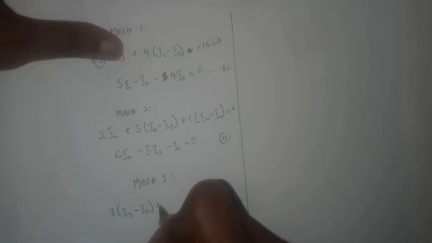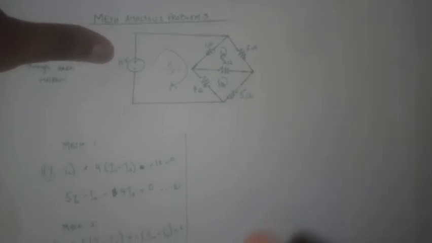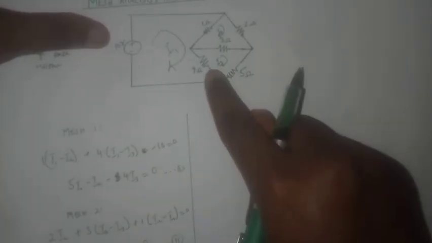So we have 3 open bracket I3 minus I2, plus then we come down here, then we have 5 into I3, plus 5 I3. Then we come down here, we have 4 into I3 minus I1, plus 4 into I3 minus I1. Then we equate everything to 0.